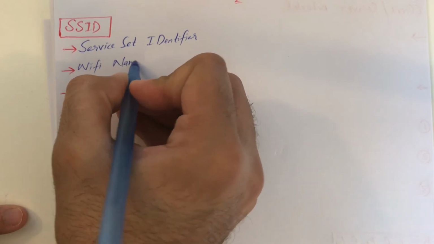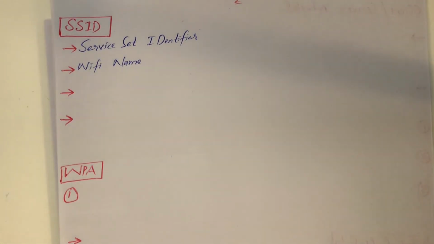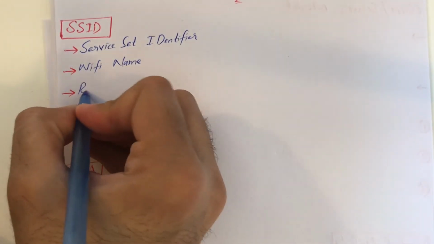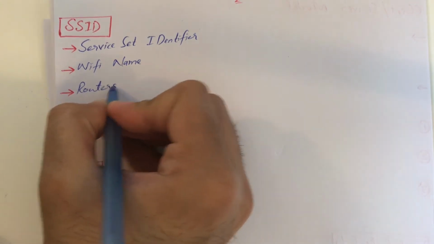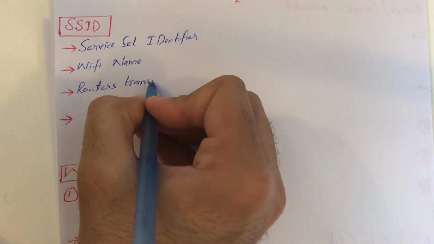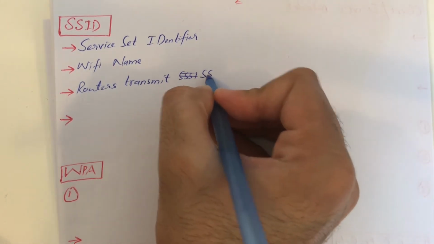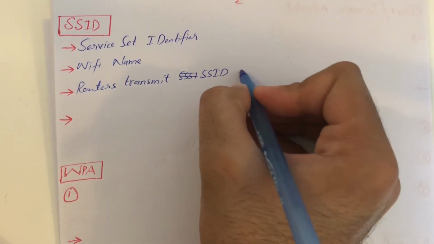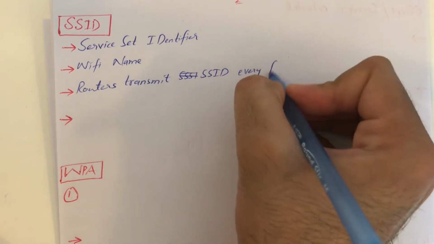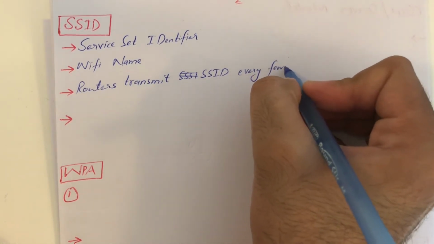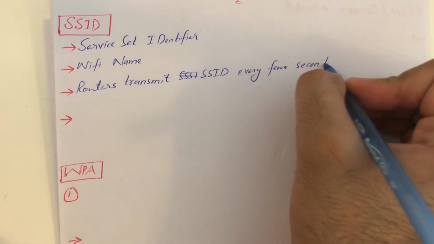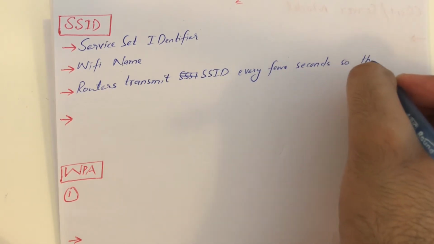For example, at GGC, the SSIDs are GGC wireless, GGC guest. And the router transmits the SSID after every few seconds, so they can be found.